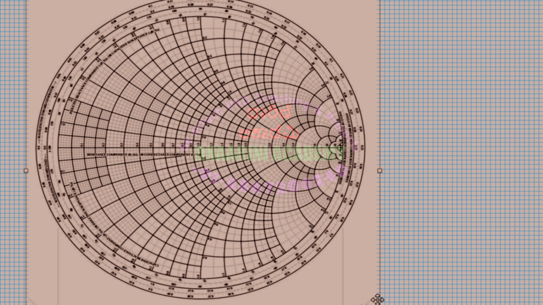So the first point, always mark the given impedance. This is the standard procedure for any impedance matching problem we have to solve. Whenever that is the case, directly mark the given point on the Smith chart. So what is the given value?